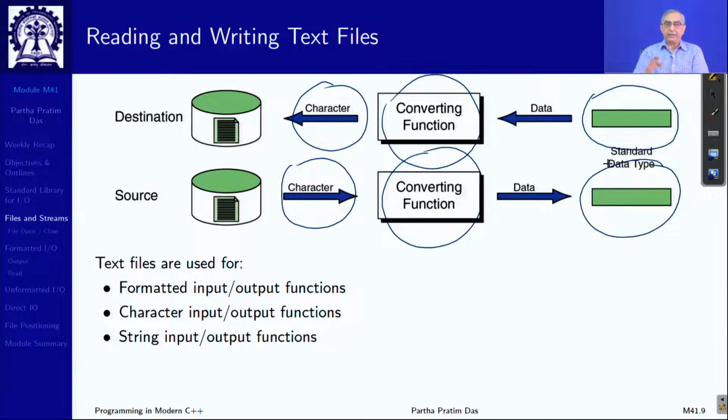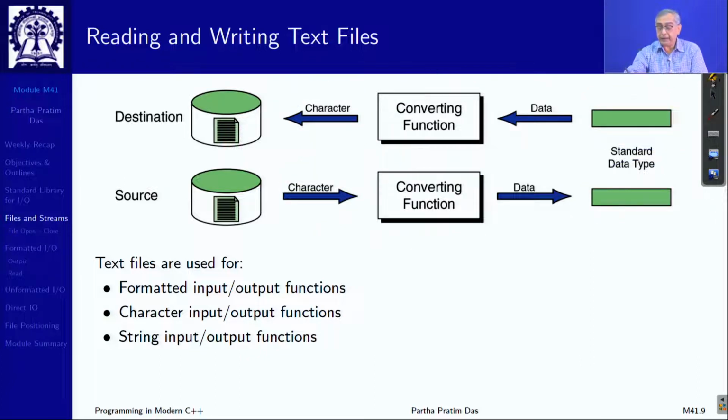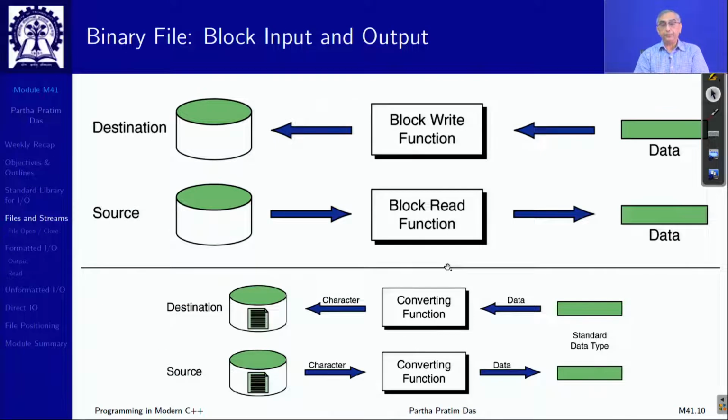So, this is the basic idea of doing any I/O with a text file. It can be used for formatted input output or unformatted ones like character input output, or even string input output can be done with text files.